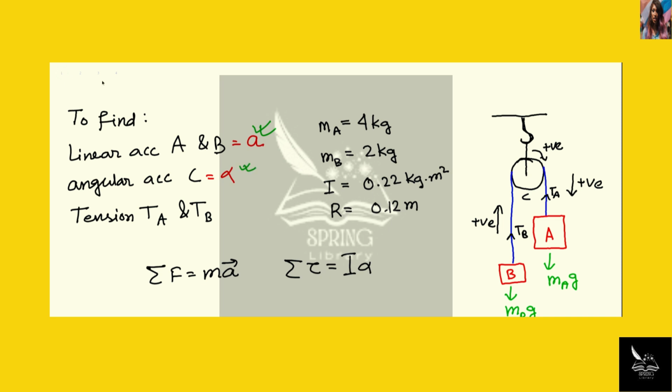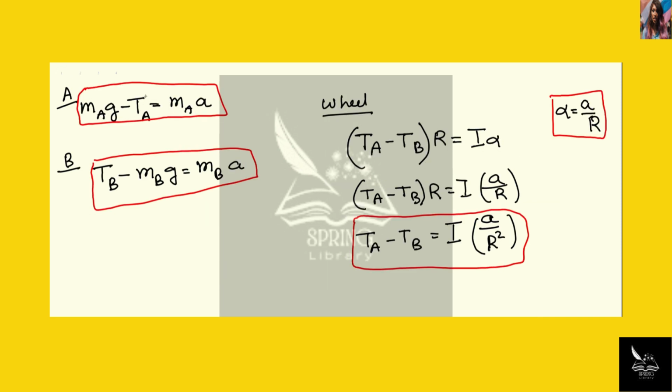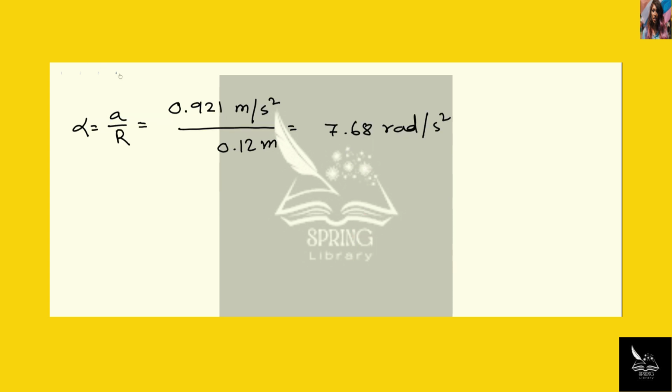So what about TA and TB? For TA, we can use this piece of equation, and for TB, we can use this to solve TB. So TA will be MA times G minus a.